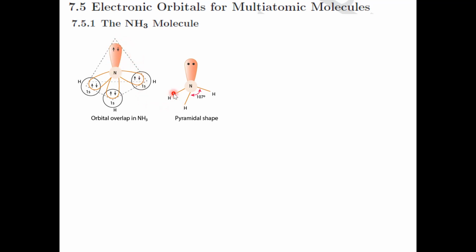So let's see how this works in terms of group theory. This I have already described for you. This is the electronic configuration of nitrogen and hydrogen. We ignore the 1s state of nitrogen, and we will deal with only the 2s and 2p electrons. And this geometry suggests sp3 hybridization.